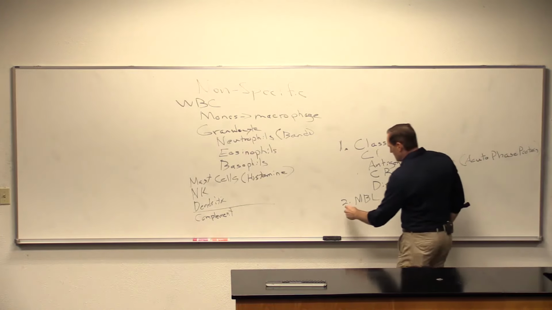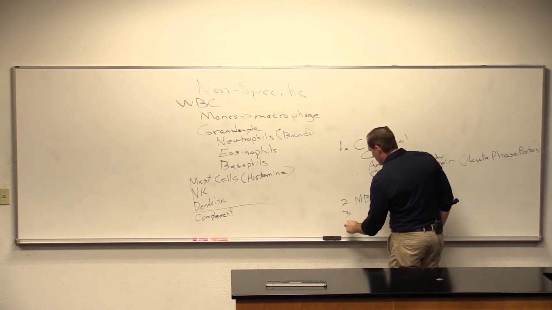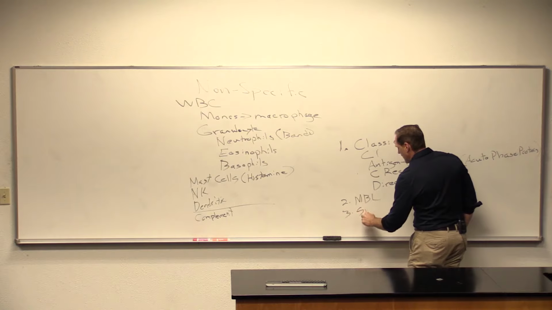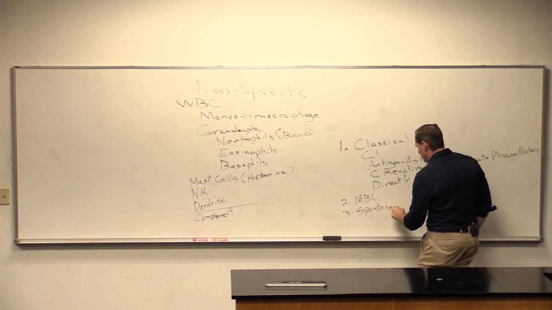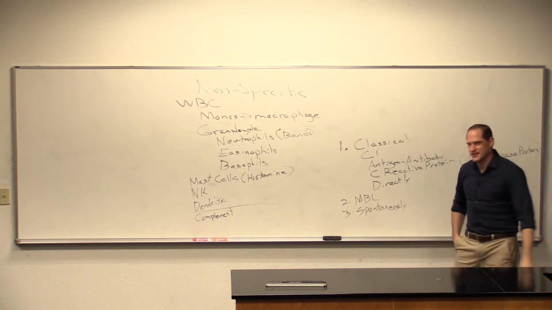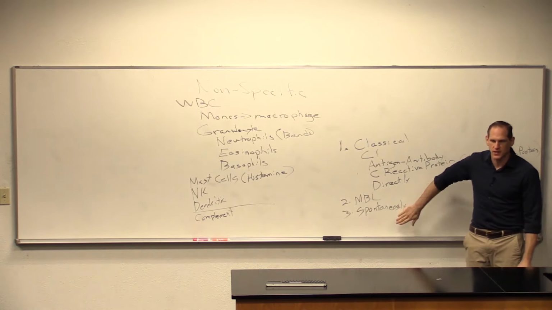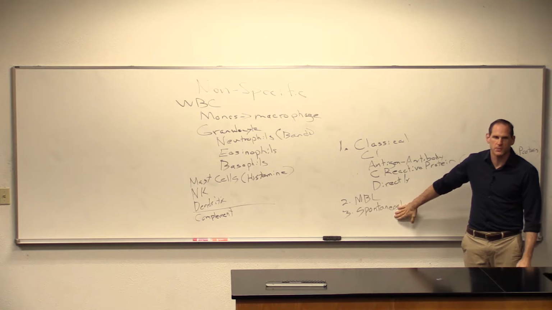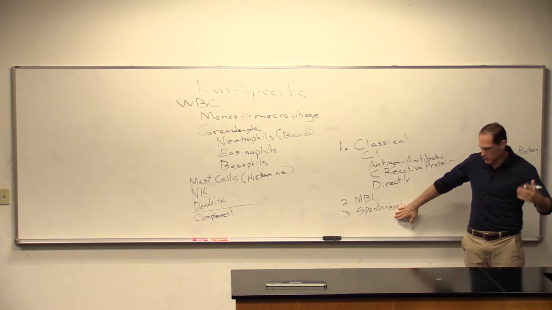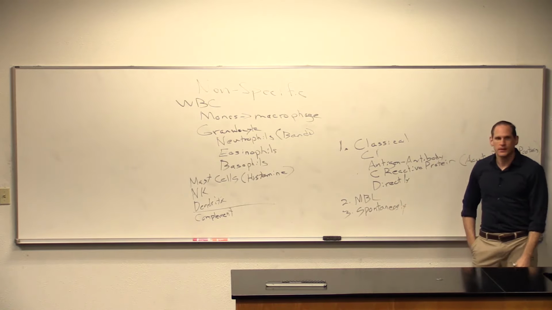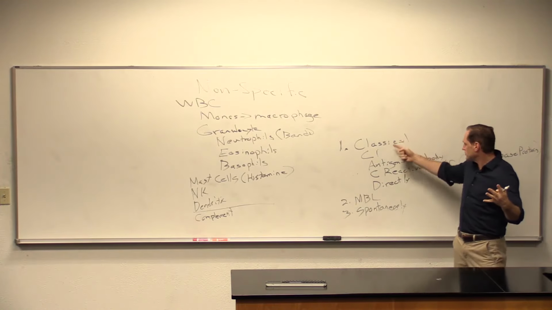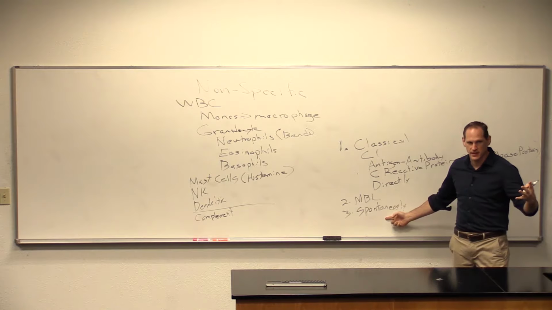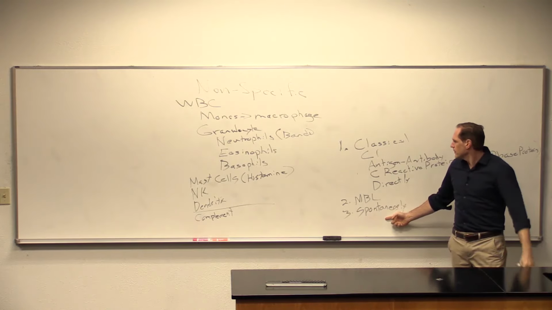And then the third pathway is called the alternative pathway or spontaneous. And this is when it just occurs in the blood spontaneously. And this is very, very dangerous because this can lead to inappropriate immune responses or inflammatory responses. So, 3 pathways: classical, mannose-binding lectin, and spontaneous or alternative.